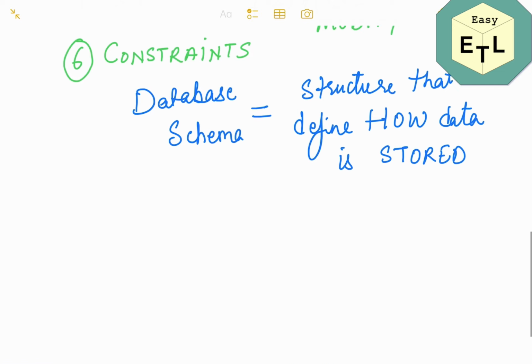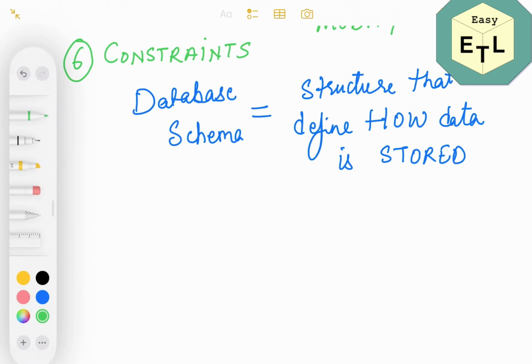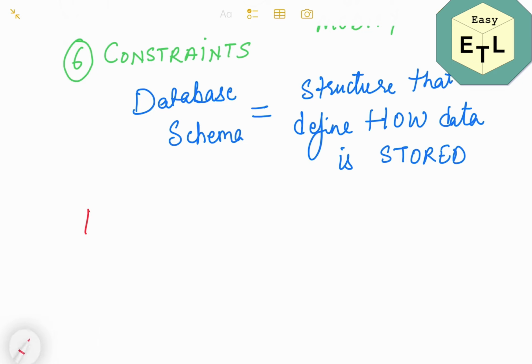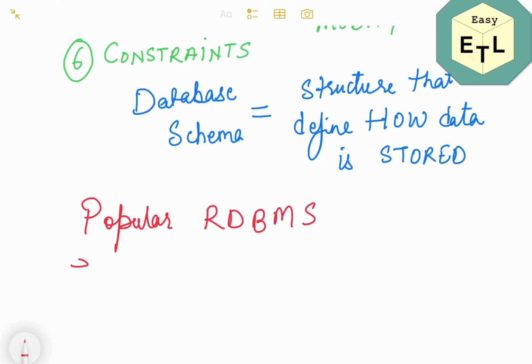Popular SQL databases, or we can say popular relational database systems, are, let me write something, popular RDBMS systems are MySQL, right? Then MS SQL, which is Microsoft SQL Server.